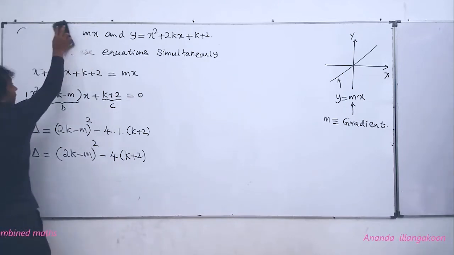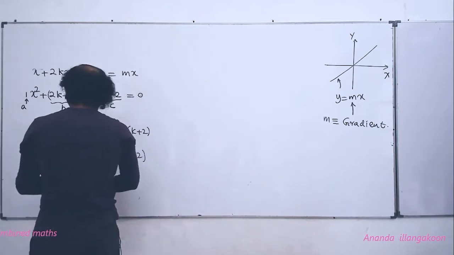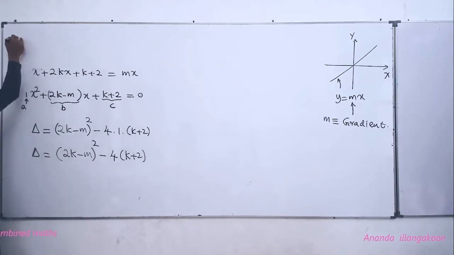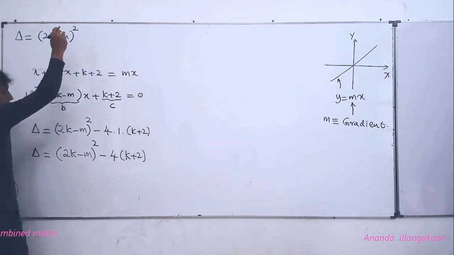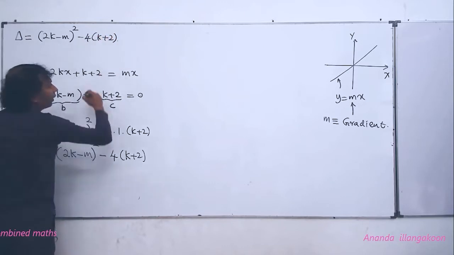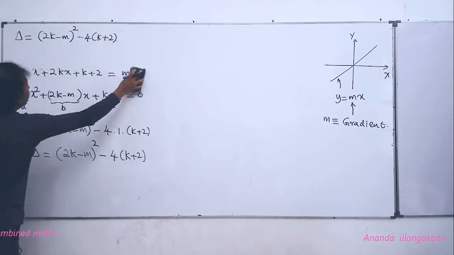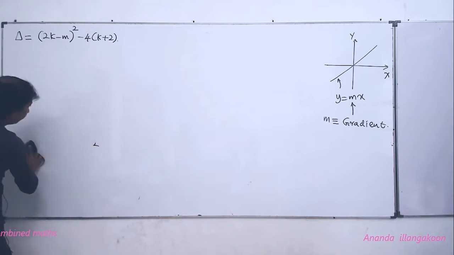This delta is here. We need this delta. Delta is (2k minus m) whole squared minus 4 times (k plus 2). Right. And then what is the statement we write? The statement we are supposed to write is this.